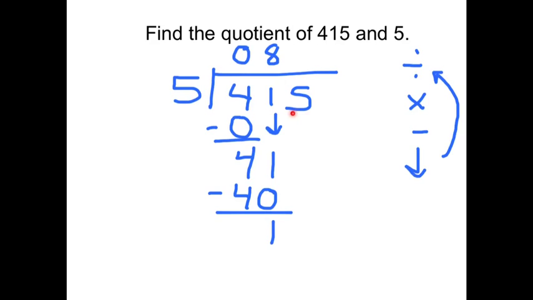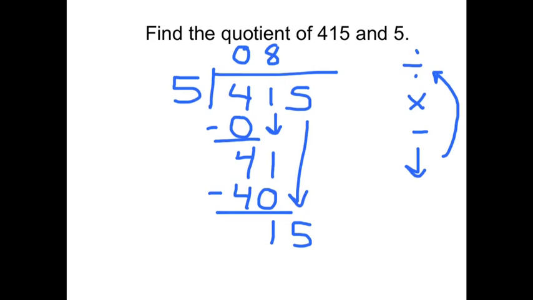You can see we still got this 5 we have to deal with, so bring that down. That's going to be 15. Now we need to go back up to the top because we just did bring down, so now we're in division. So now we say, how many times does 5 go into this 15? We'll skip count. 5, 10, 15.